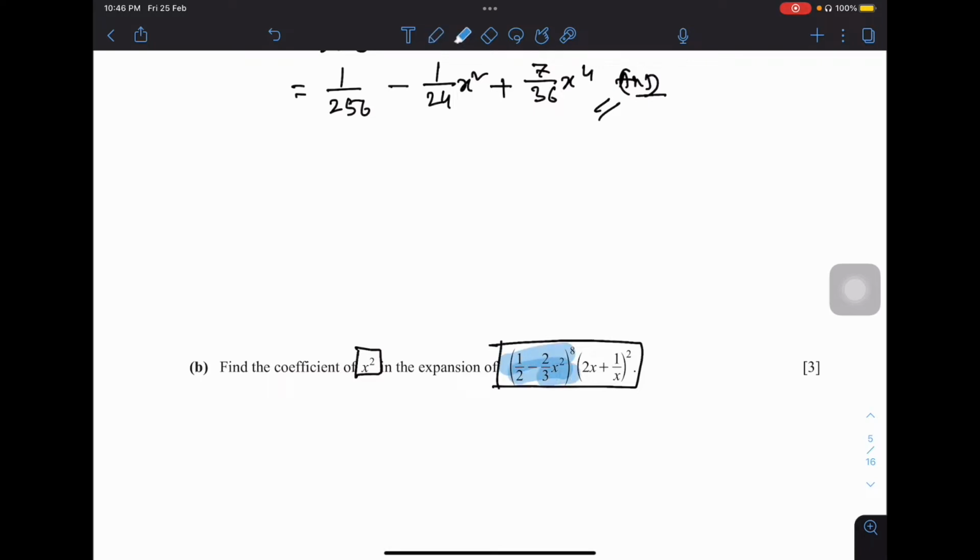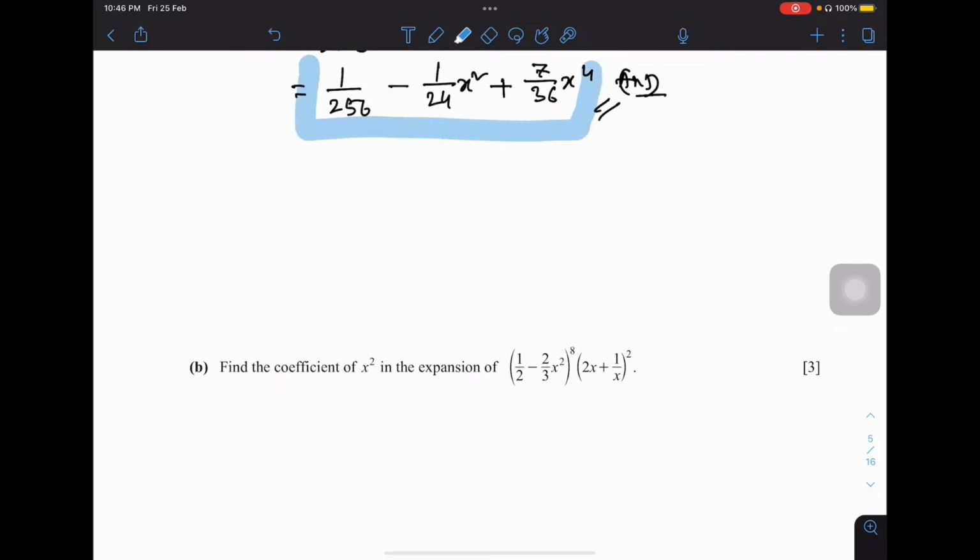I mean, it depends on previous steps. I mean, it depends on question A. So exactly, let me use this answer here.